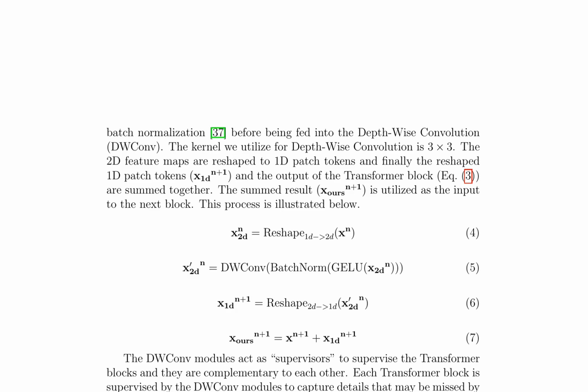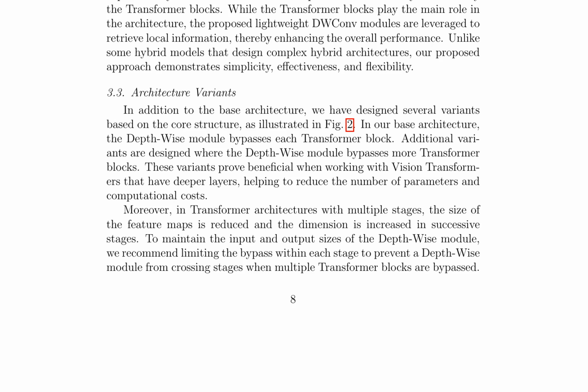The resulting 2D feature maps are then reshaped back to 1D patch tokens and added to the output of the transformer block. This approach demonstrates simplicity, effectiveness, and flexibility, unlike some hybrid models that design complex hybrid architectures.